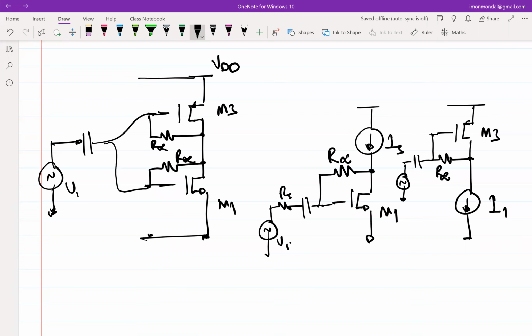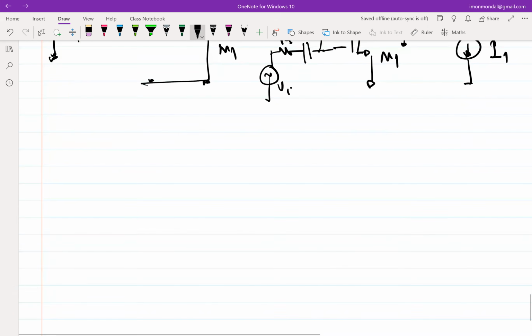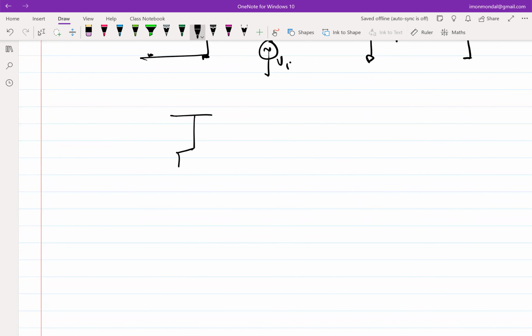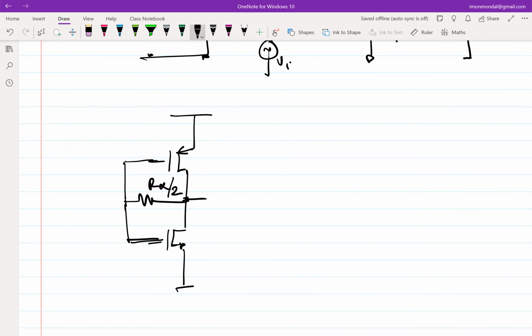So let me resketch this. Basically, these two are parallel, so this becomes R infinity by 2. Okay, and I have an input here, which is connected like this. Fine.